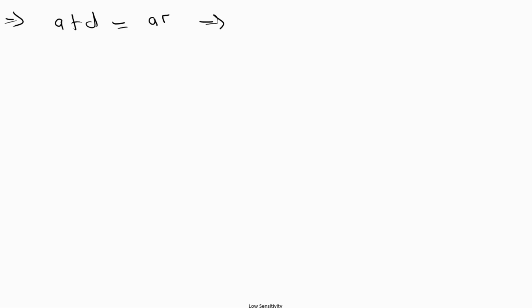Therefore, we can write r in terms of a and d, which is (a plus d) over a. But we also know that the fifth term of the arithmetic progression is equal to the third term of the geometric progression. So the arithmetic fifth term equals the geometric third term.